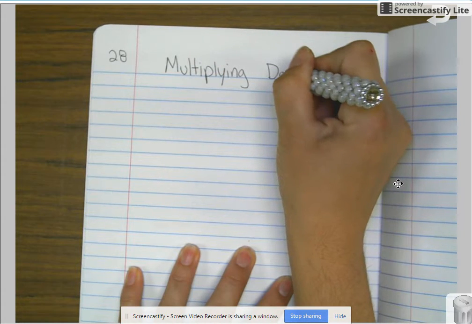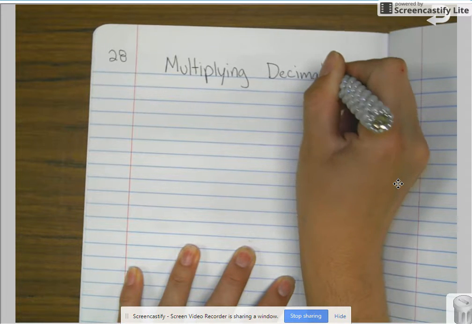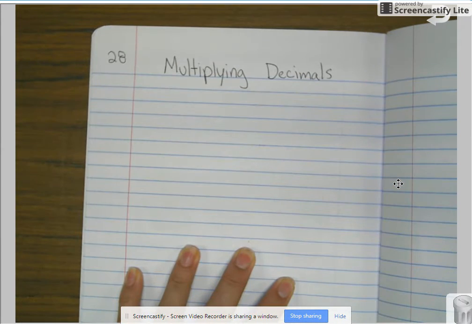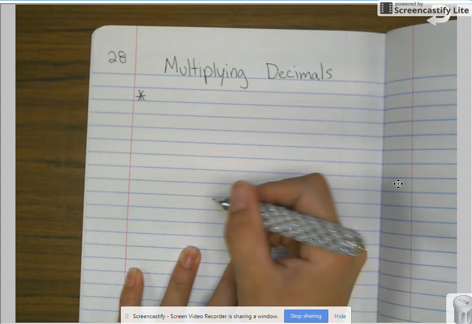Okay, we kind of talked about this a little bit in last notes, but we're going to write down the same thing that we did yesterday. It's very important that you remember that when multiplying decimals, okay, skip a line, I want a little star there to remember this.